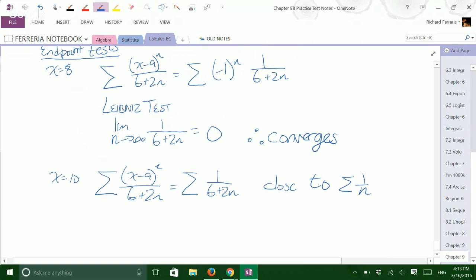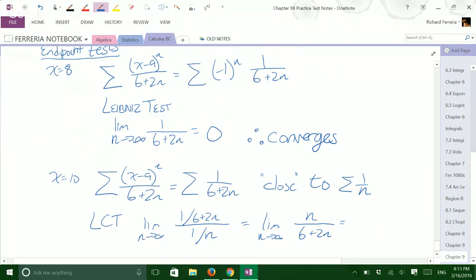So we're going to use an LCT. The limit as n approaches infinity of 1 over 6 plus 2n over 1 over n. That's the limit as n approaches infinity of n over 6 plus 2n.